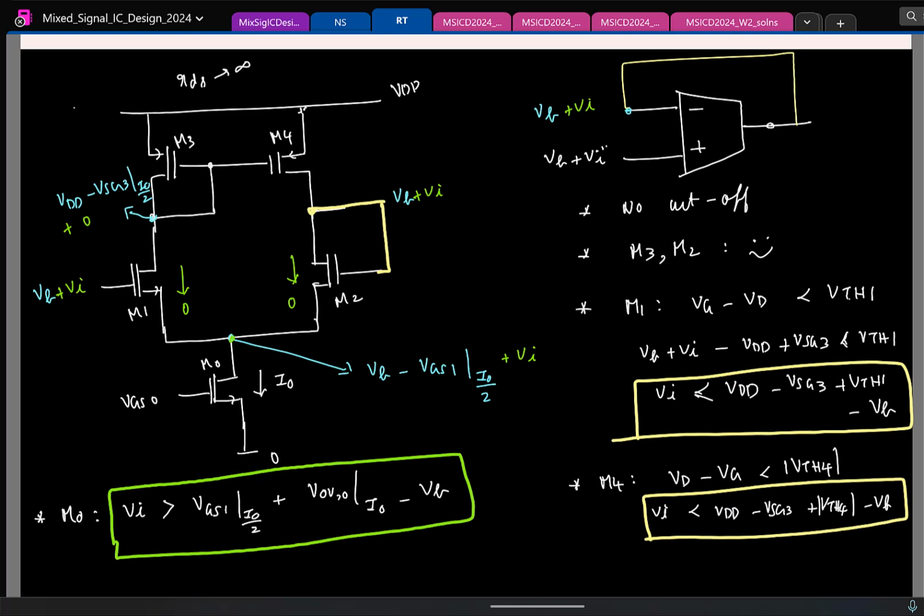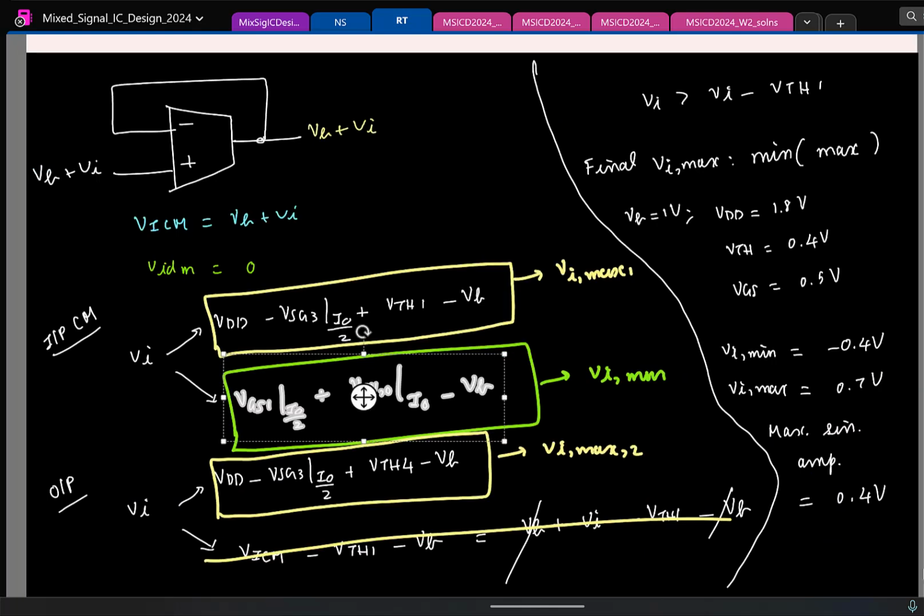Please work out, this is what you should have got. Okay. Again, overdrive is VGS minus VTH. When I say V overdrive 0, it is VGS0 minus VTH0. Clear? So again, now you can basically stare at this page and the previous page, and you can convince yourself that the limit we calculated here is same as what we calculated here, because I just copy pasted from there.